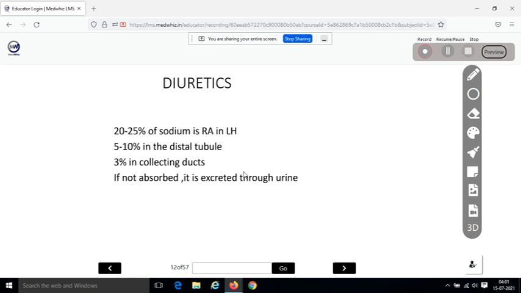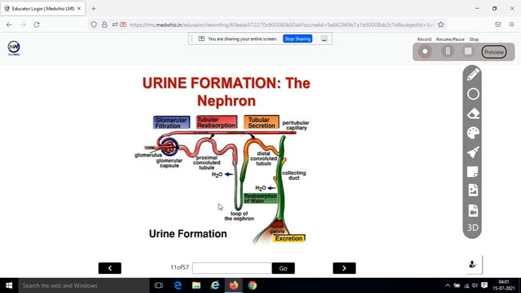Now, the loop of Henle. The thin loop of Henle does not participate in active salt reabsorption. The thin descending loop of Henle does not participate in active salt transportation, but it helps in water reabsorption.